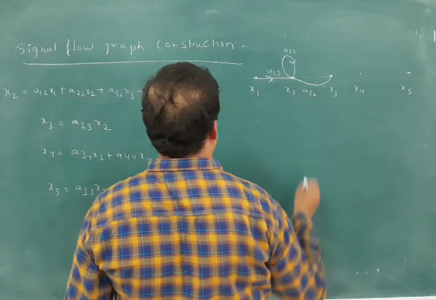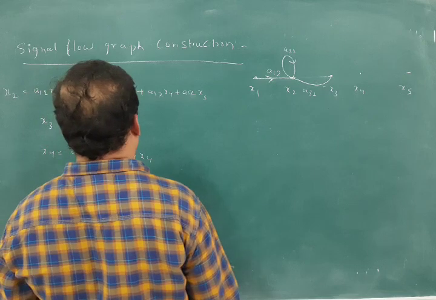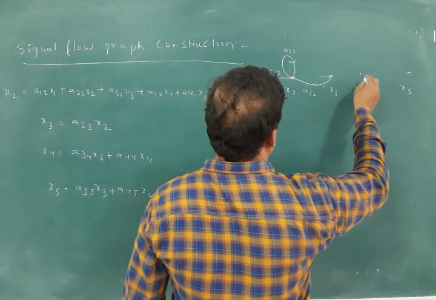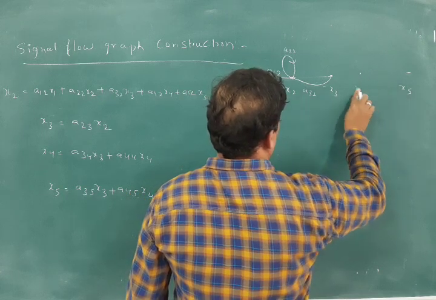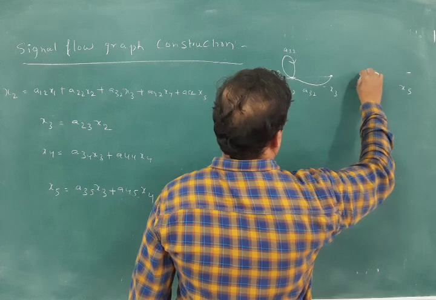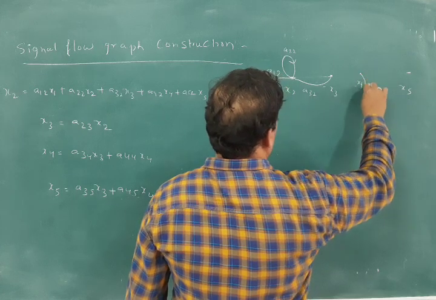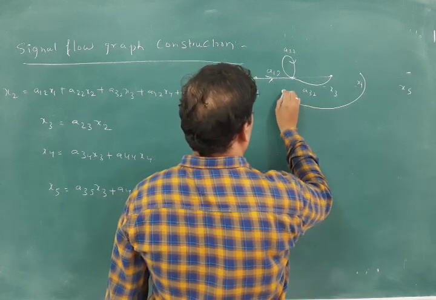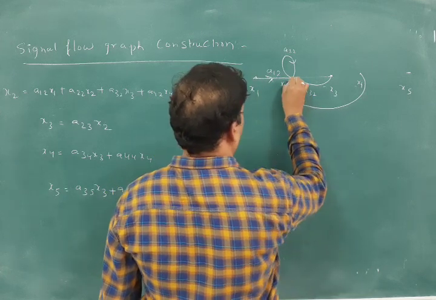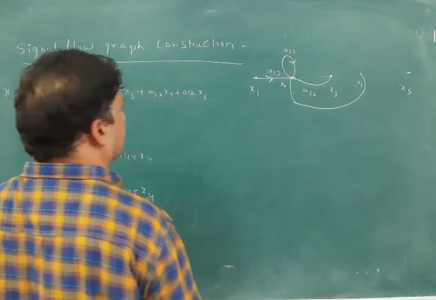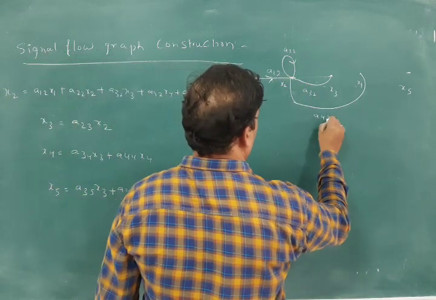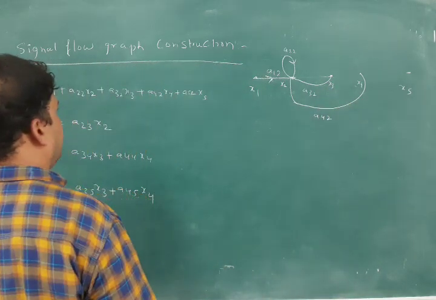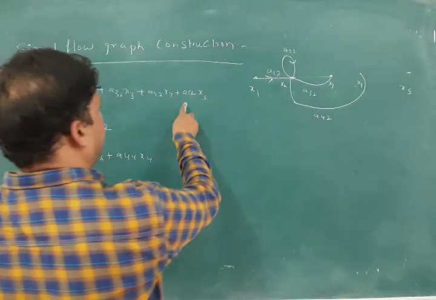And one more thing is here A32. This is one signal flow. And if you come back here, it is A42. If you see A42, you can try a signal for here X4. It means it is coming from 4 to 2. For our convenience, we are writing here A42. This is the X3 node. Okay, and we are having this A52.